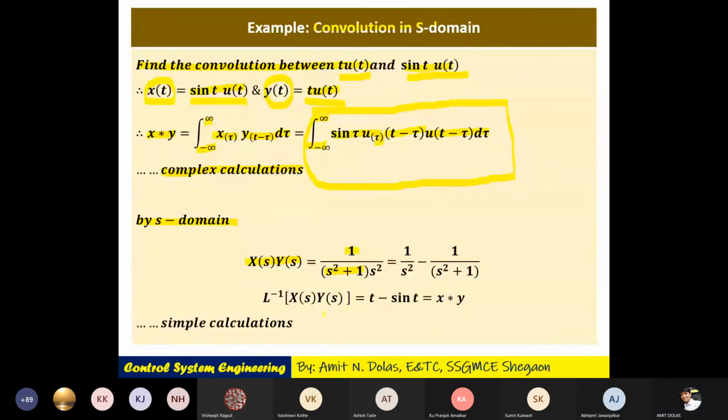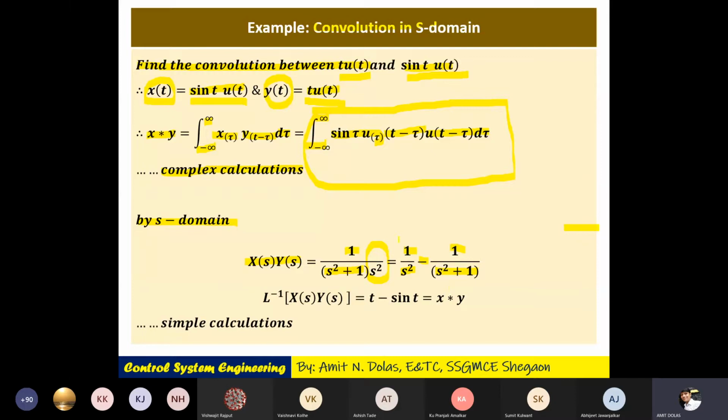Here, in sine t, how much is omega? Omega is 1. That's why it is 1 upon s square plus 1. And for the rest of the signal, that is t u of t, it will be 1 by s square. So the Laplace transform of the product is 1 upon s square times 1 upon s square plus 1.